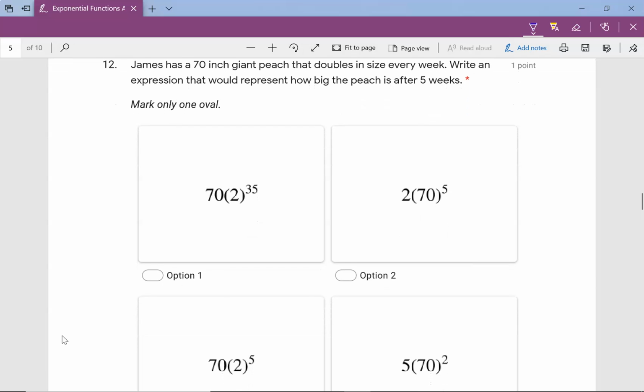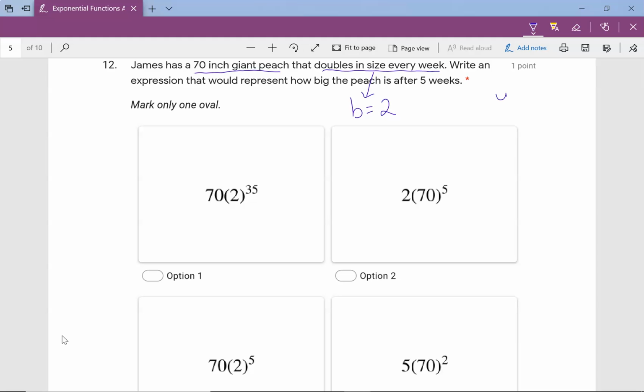And this next one says James has a 70-inch giant peach. I hope you got the reference there. That doubles in size every week. So doubles in size means that the growth factor, so b is equal to 2. Okay? Write an expression that would represent how big the peach is after 5 weeks.